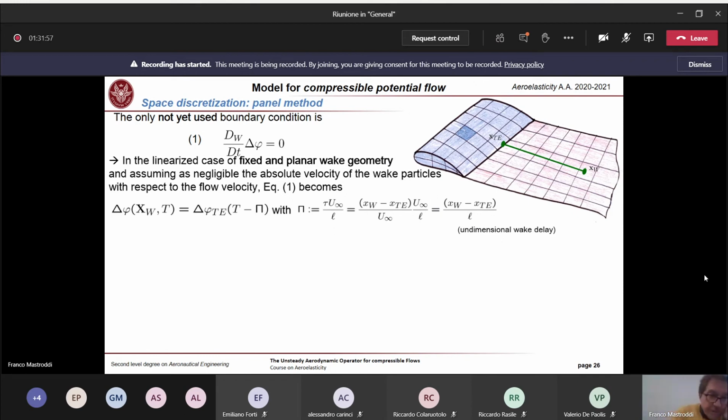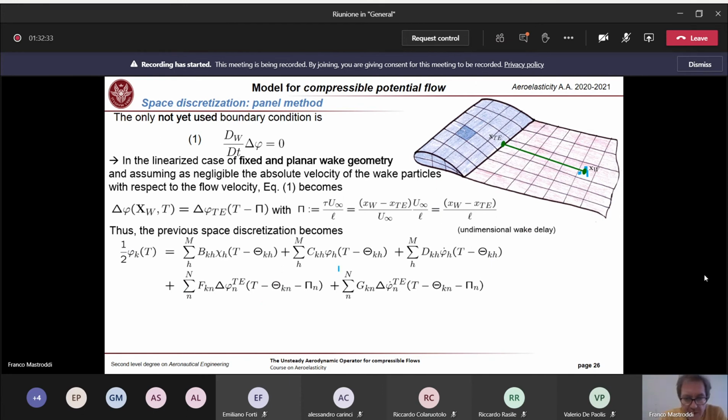In fact, for the wake, I remind you that the delta phi in the wake at this point is equal to the delta phi at the trailing edge at the previous time, capital Pi, where capital Pi is equal to the time necessary for the point to move from here to here by U infinity, divided by L, okay? And therefore we have this kind of non-dimensional quantity.